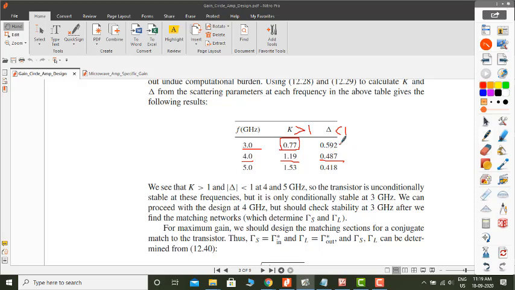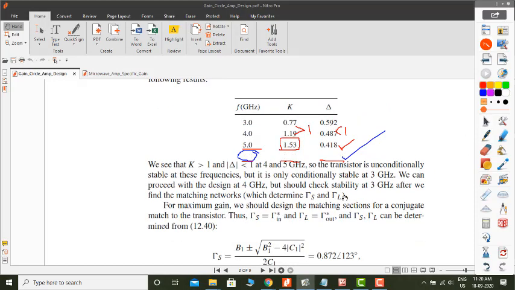So the del value satisfies the stability condition, whereas the K value does not, because it is 0.77, but K should be greater than 1 for stability. Therefore, at 3 gigahertz, the device is not stable. Anyway, at our required frequency of operation, 4 gigahertz, K value is greater than 1, del value is less than 1, therefore it is unconditionally stable.